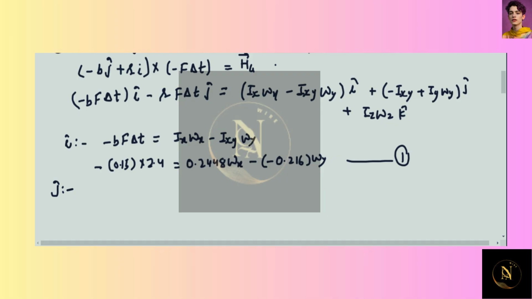J cap: Rf delta t minus Ixy omega x. I forgot to write here omega x, or we can write it in corrected form.